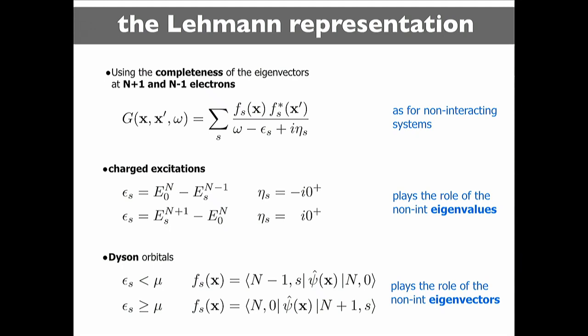So eventually we end up with many more states. This is one of the most important features. In a non-interacting system we have, roughly speaking, n electrons and n occupied orbitals. Here we have many more orbitals, actually infinitely many more, and this is one of the main features of an interacting system. The spectral weight is not just n Dirac deltas for n electrons, which is what you would get out of Kohn-Sham DFT or Hartree-Fock.